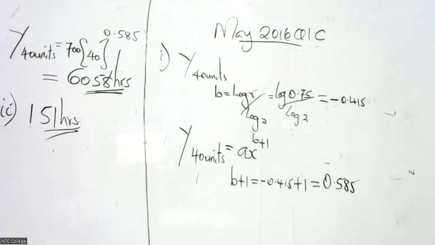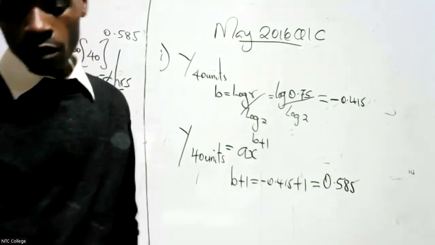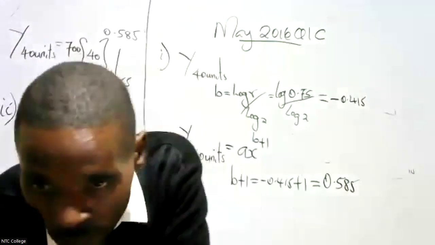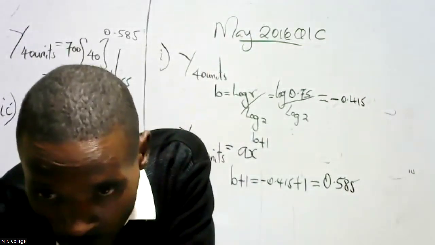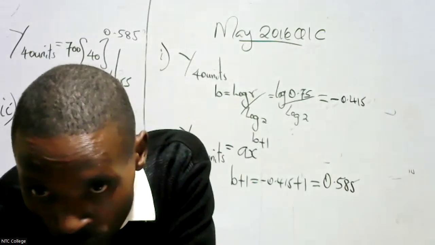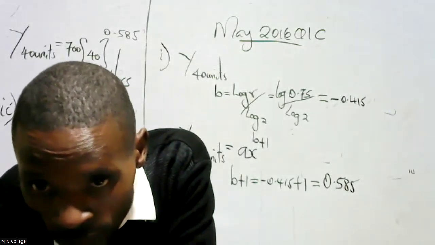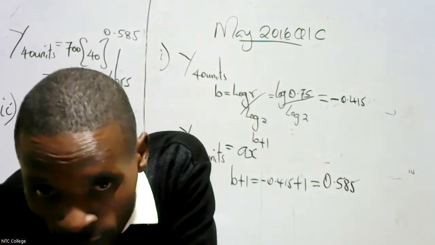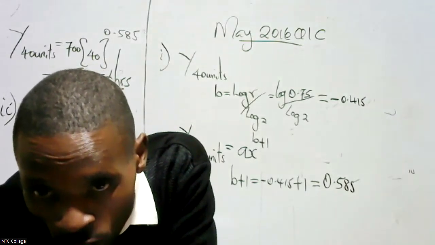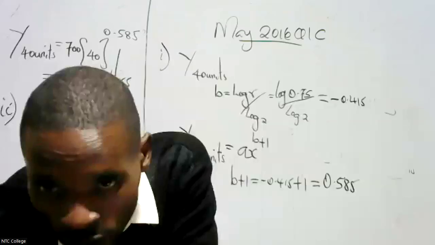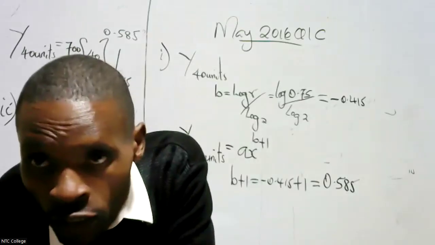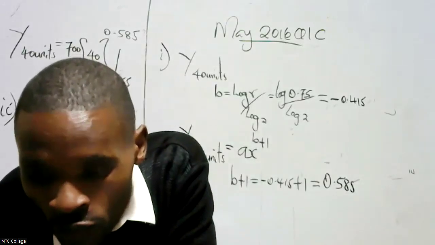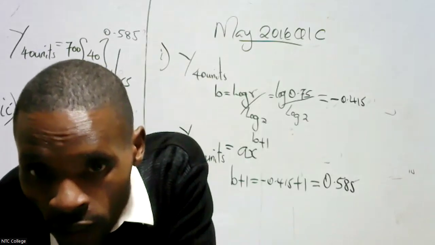Both any can do. I told you that is in lump sum, any can do. Formula. Good. That is it, because the units were not cumulative. It was lump sum.